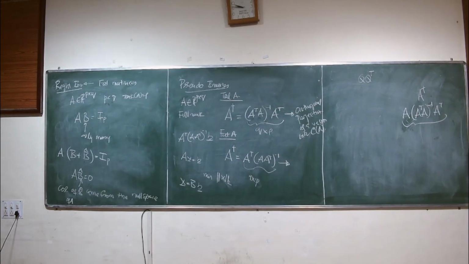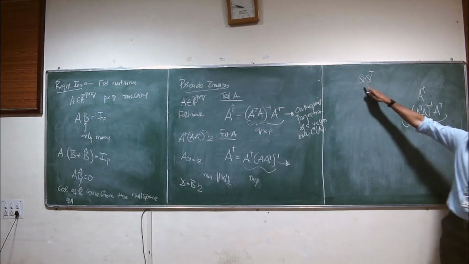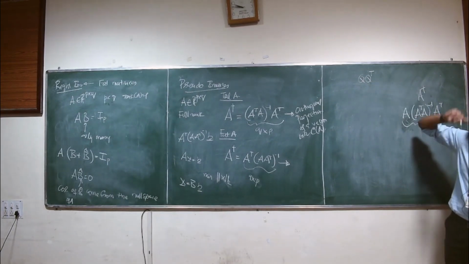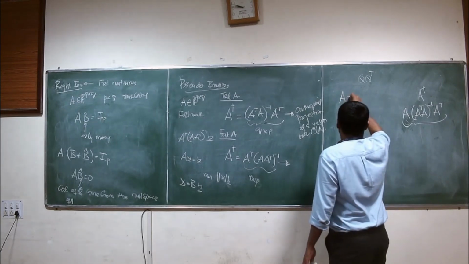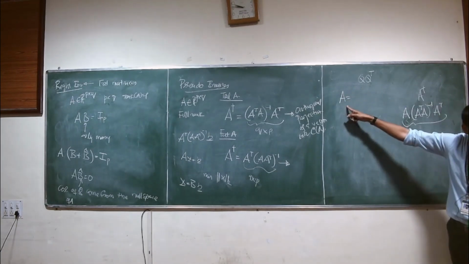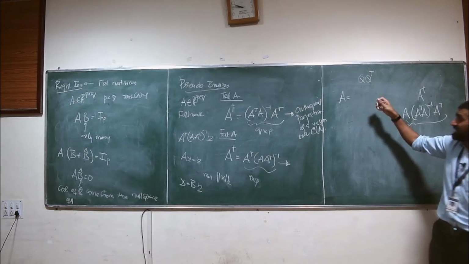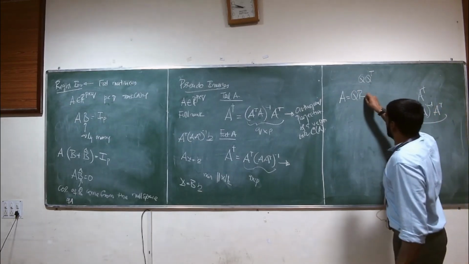Because it doesn't matter what orthonormal basis you use for a space, if you do Q Q transpose, it will always give you the same projection matrix. Okay. Now, A is full rank, right? That means I can do Gram-Schmidt. That means I can decompose it like this, right?